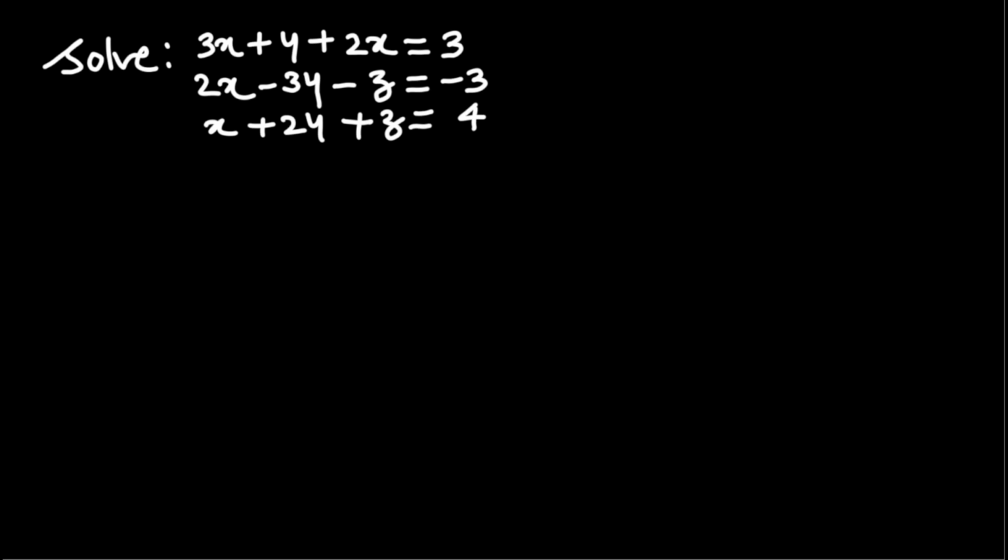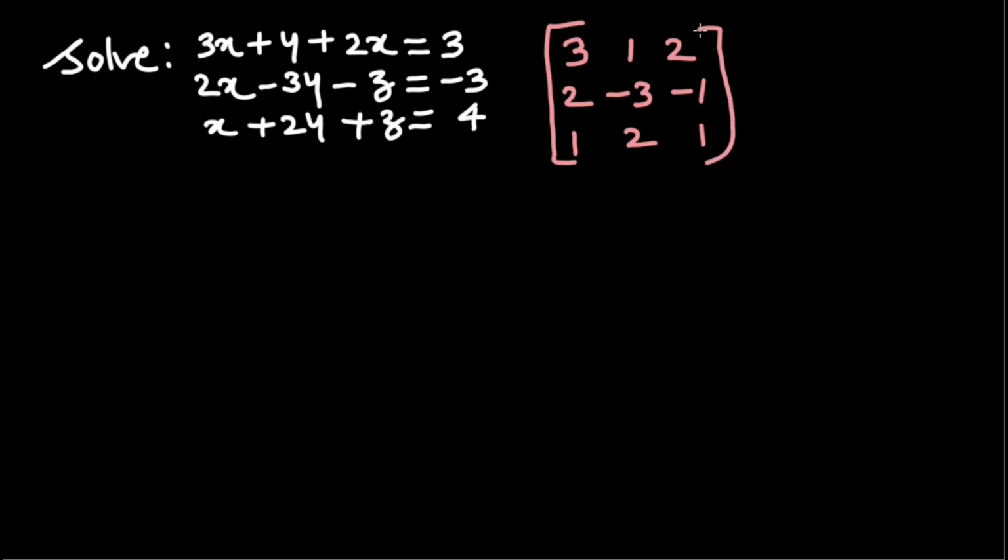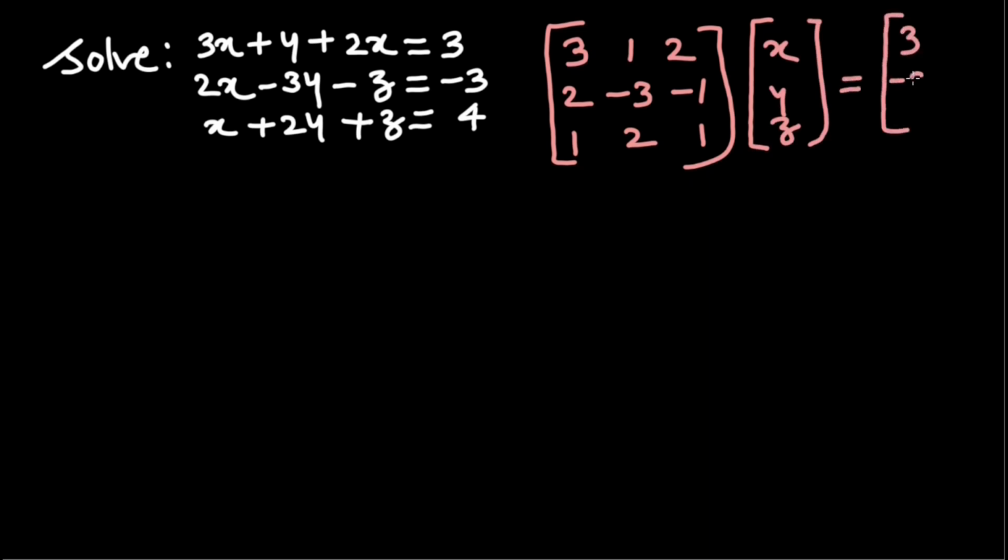So first of all, let us write these equations in the matrix form. First will be the coefficient matrix 3, 1, 2, 2, minus 3, minus 1, 1, 2, 1 multiplied by the variable matrix x, y, z equals the constant matrix 3, minus 3, 4.